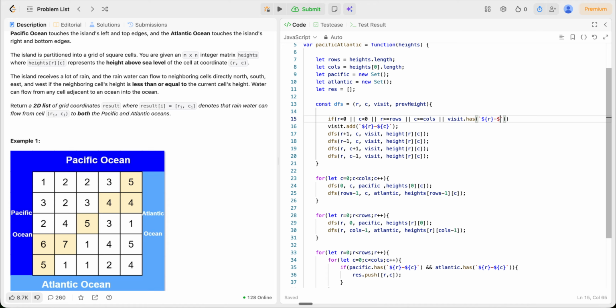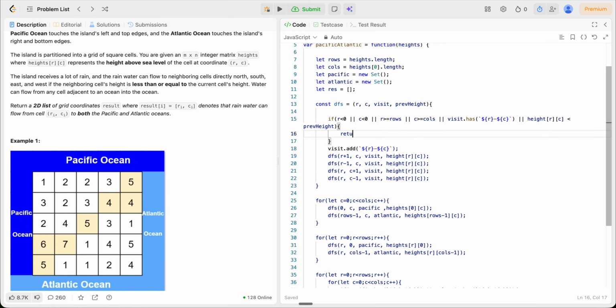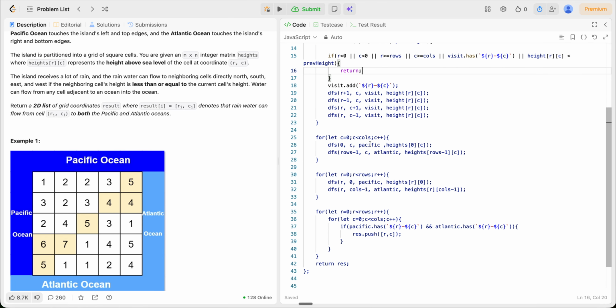So in that case, we are going to return. And the current height would be height of r comma c. If it is less than the previous height, we are going to return. These are few conditions where we have to return, otherwise we can continue.